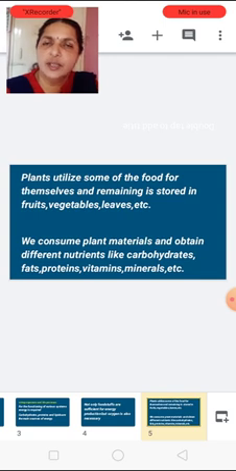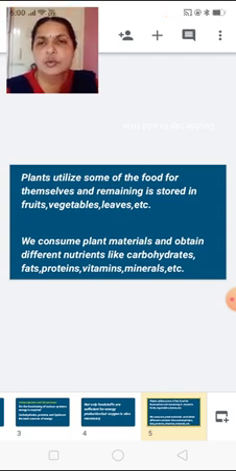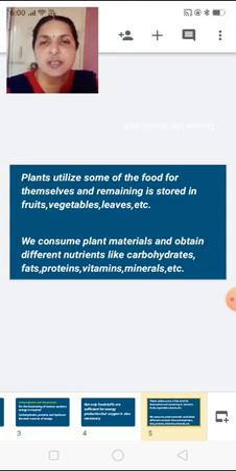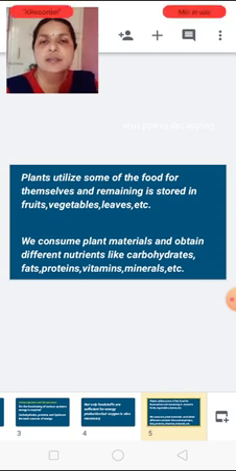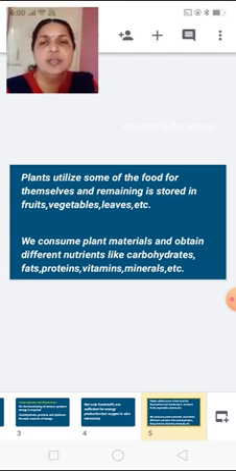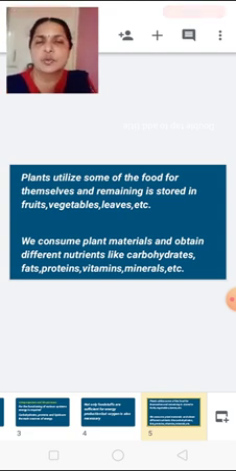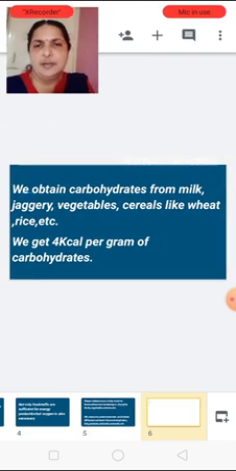They use it for their growth and the remaining is stored in the fruits, vegetables, leaves, etc. When we consume these fruits, vegetables and leaves, we get this energy, in the form of carbohydrates, proteins, fats, minerals, vitamins, etc.